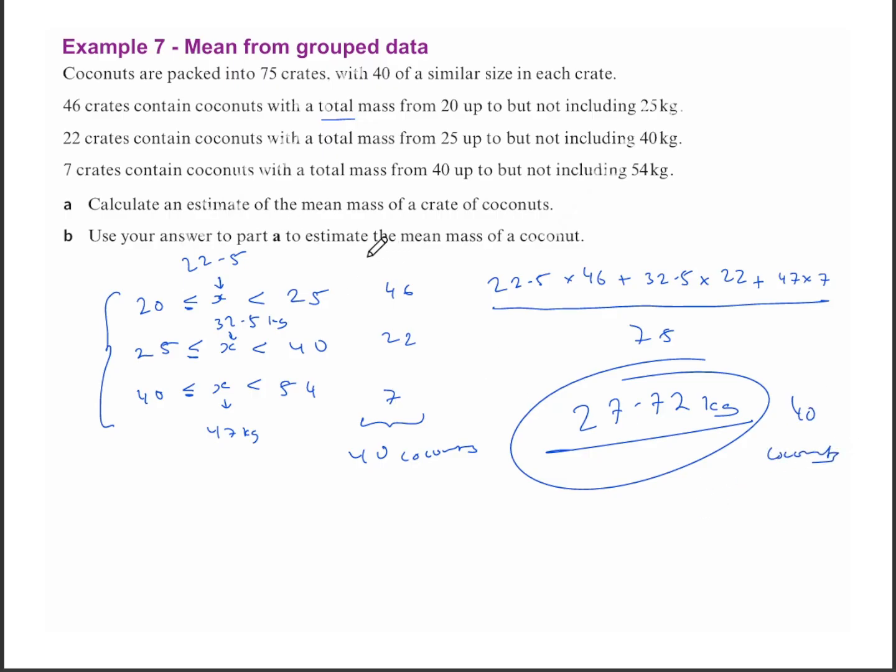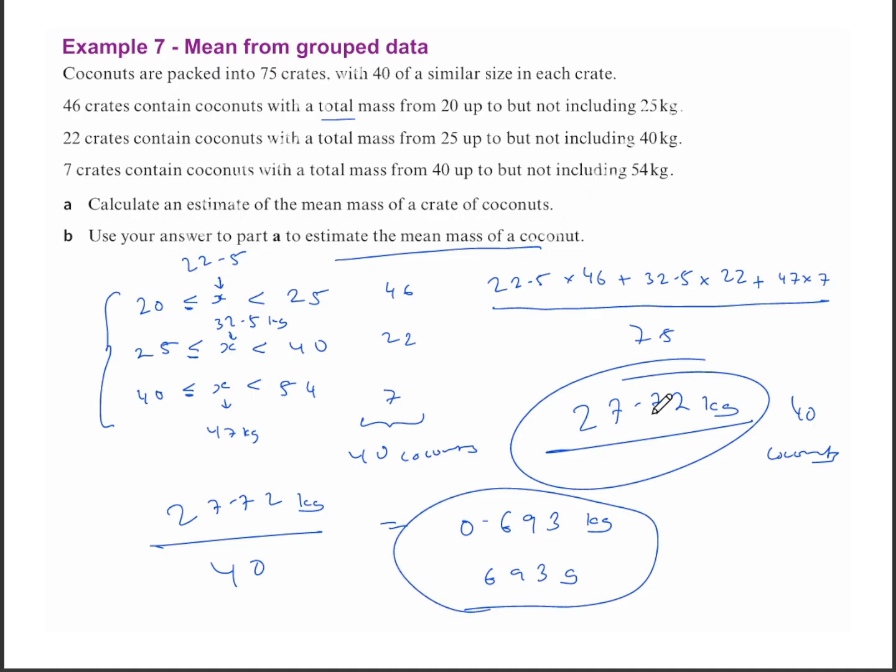And therefore, if you want to estimate the mean mass of each coconut, what we will do is take the weight of the crate, which is 27.72 kilograms, the mean weight, and divide that by the number of coconuts inside that crate, which is 40, which is going to give us each coconut having an average mass of 0.693 kilograms or 693 grams. That's going to be the mean mass of one coconut. That's going to be the mean mass of one crate, which you obviously use to find the mean mass of the coconut.